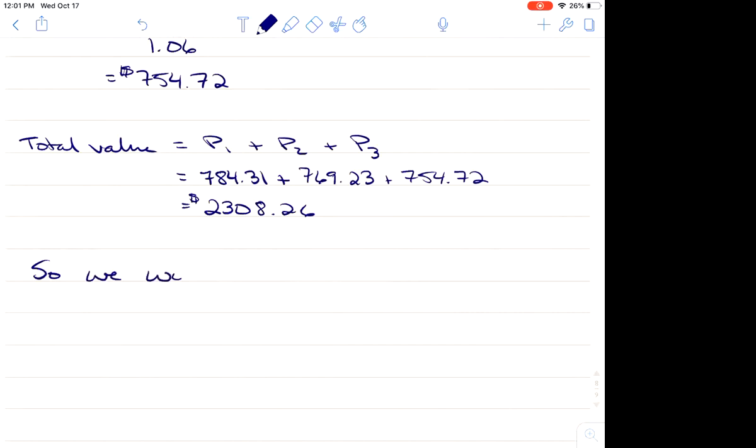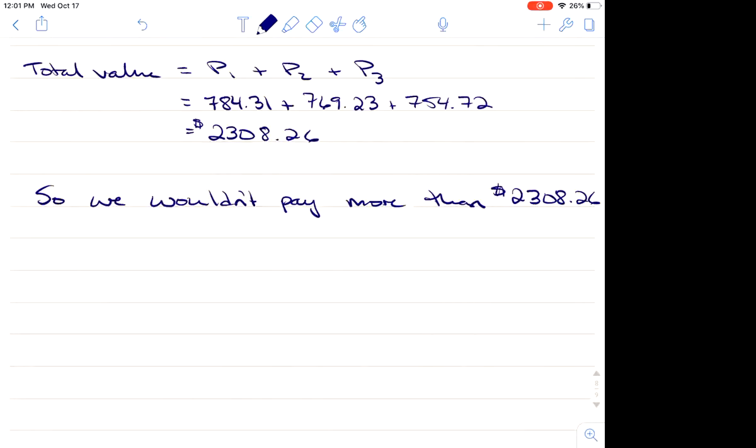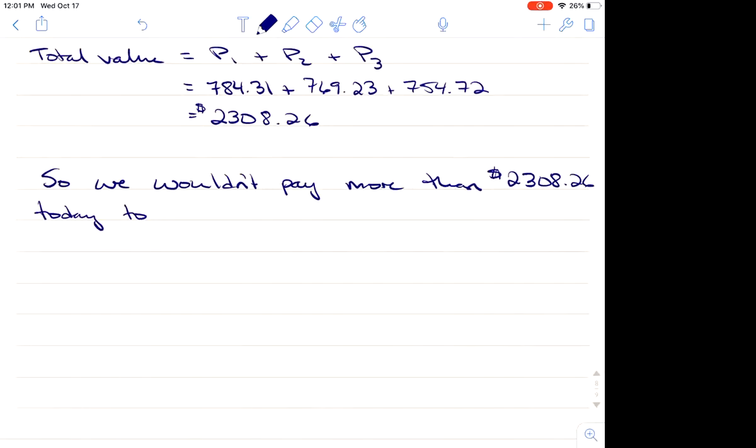So we wouldn't pay more than $2,308.26 today to get $800 4, 8, and 12 months from now.